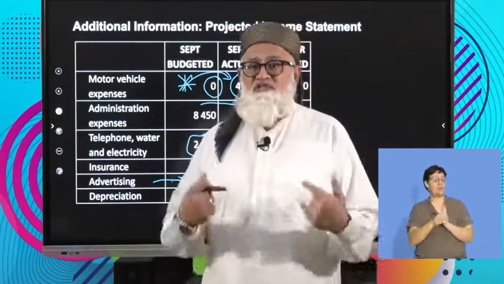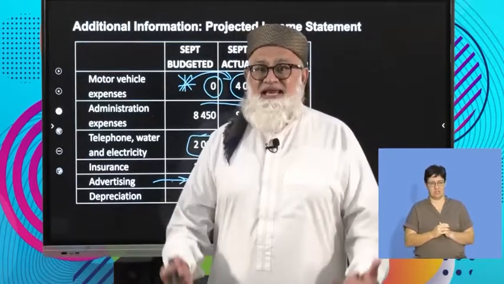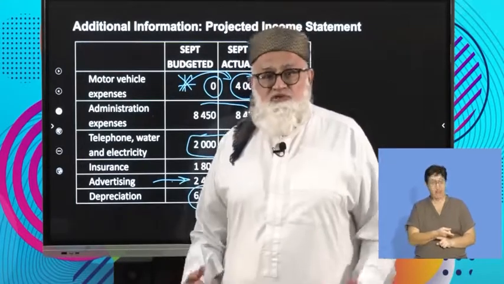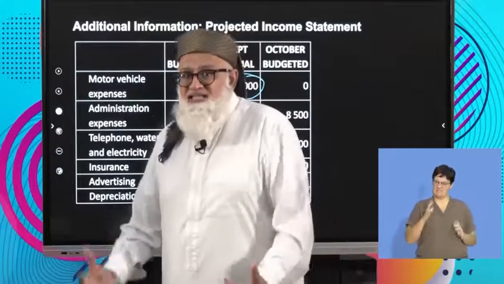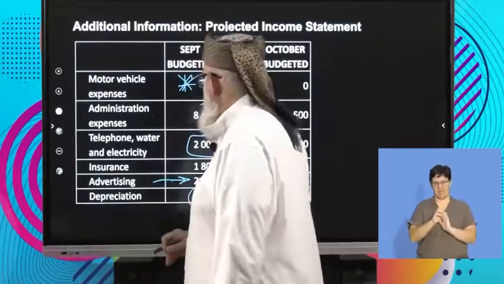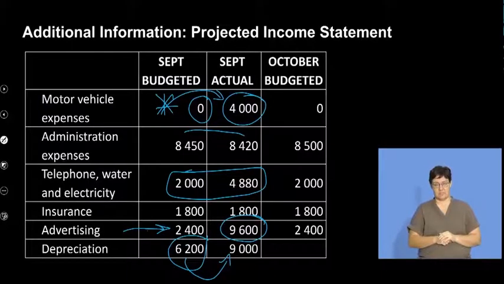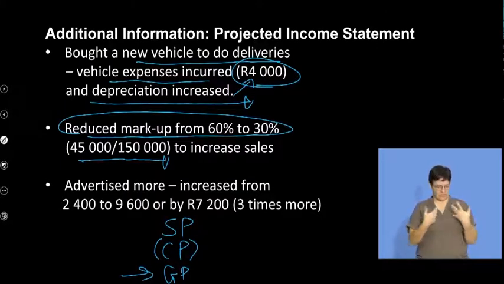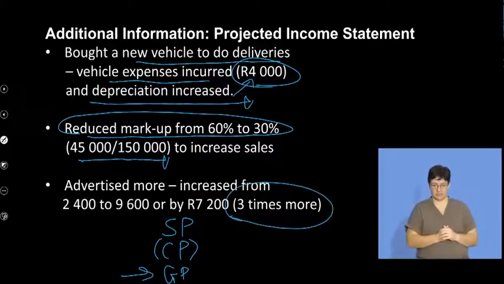Again, your advertising costs have increased, and as a result you now have a bigger expense for advertising. We've discussed that. In fact, your advertising increased 3 times more than what you budgeted for.